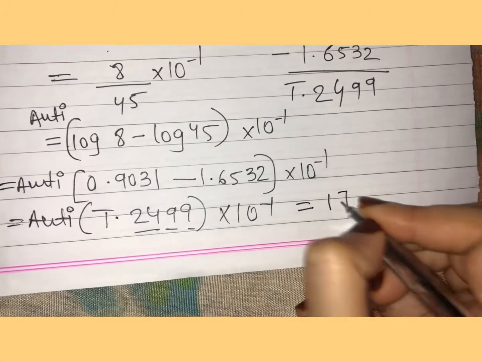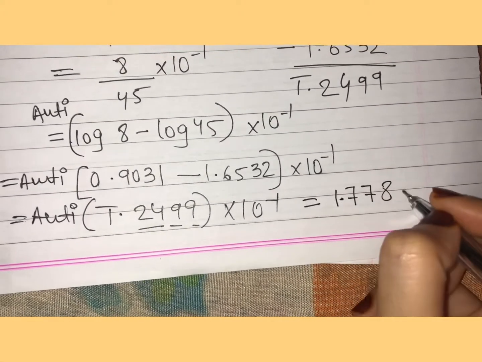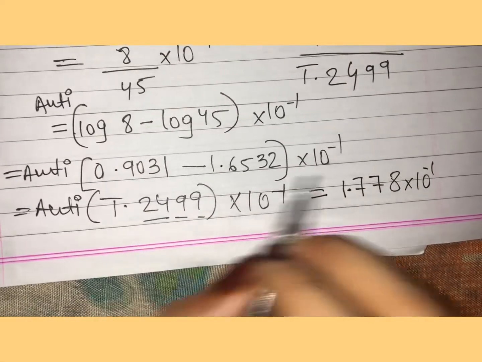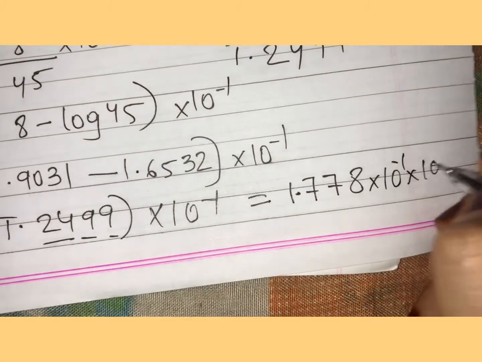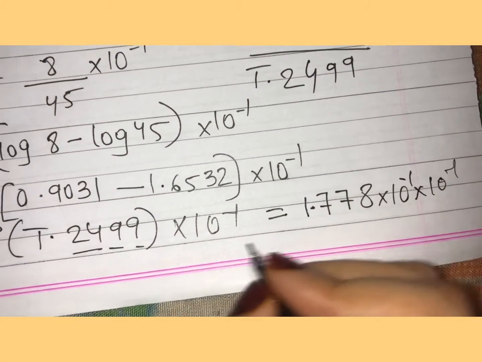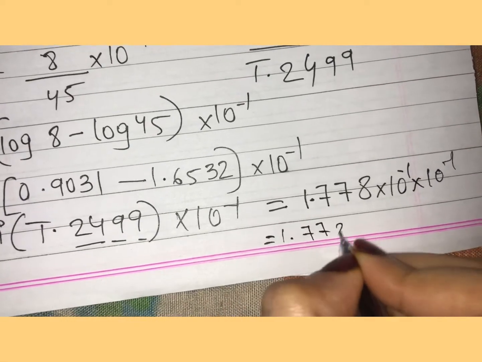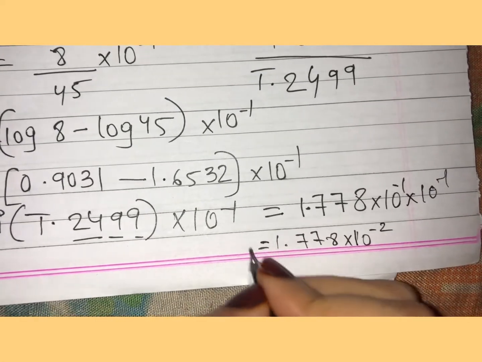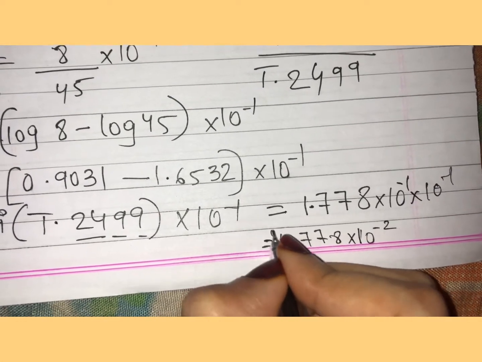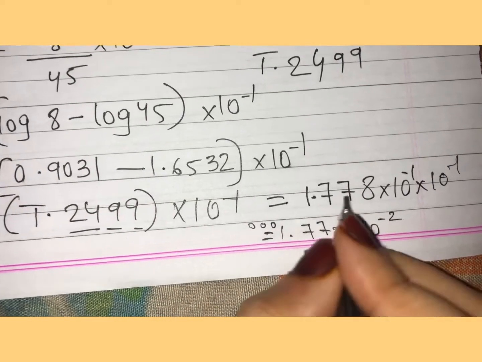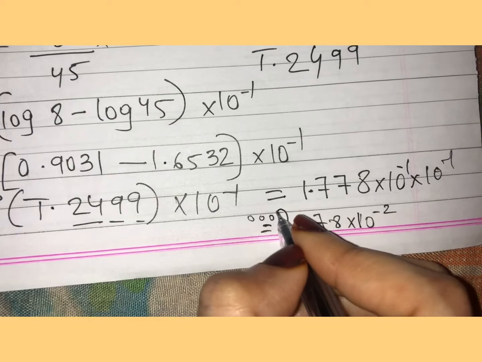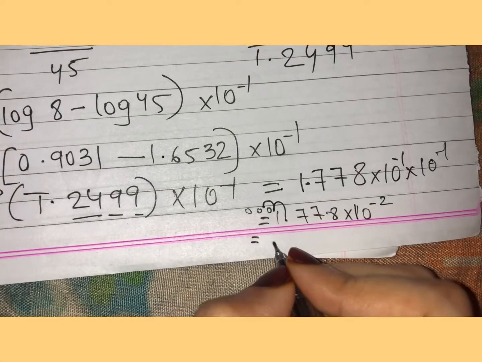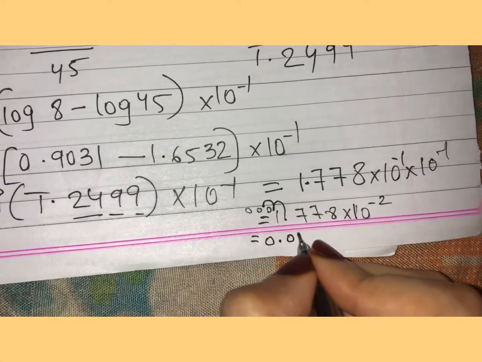So it is 1778. Put the point after one digit, into 10 raised to minus 1. So 10 raised to minus 1 into 10 raised to minus 1 becomes 1.778 into 10 raised to minus 2. 10 raised to minus 2 means we shift the point 2 digits. I write a 0 beforehand so that it becomes easy to move the point. 1 and 2 come here, so it is 0.01778.